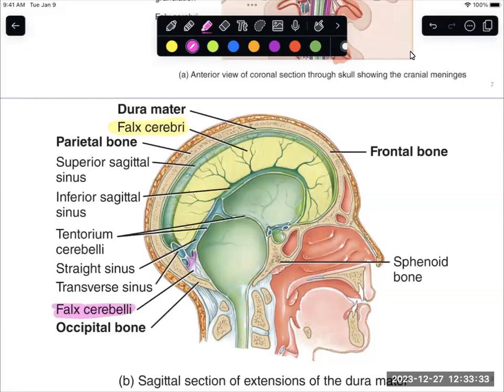That is this little portion through here, but again, it's separating out the right and left hemispheres of the cerebellum. Then we have our tentorium cerebelli. This is a tissue that is separating the cerebellum from the cerebrum.